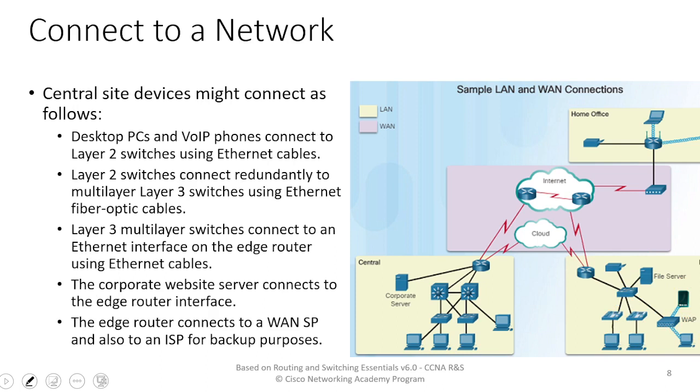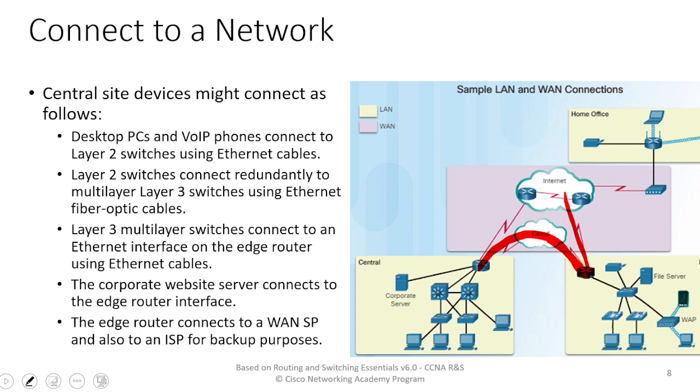So what may happen is that the edge router at the branch office, in addition to connecting to the internet service provider, would also connect to the head office of the organization through a wide area network. So it will establish a private connectivity to the head office as well.